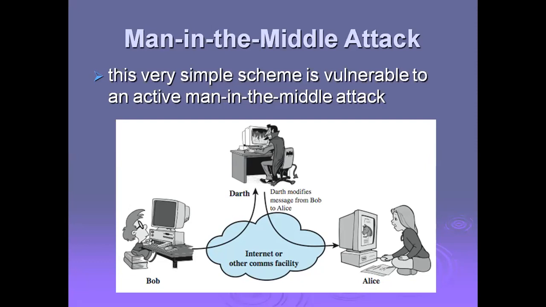Initially Bob and Alice, two parties, are communicating through the internet or another communication facility. But here Darth is a third party. Darth is involved between Bob and Alice, and Darth modifies the message from Bob to Alice. So this is a man in the middle attack.